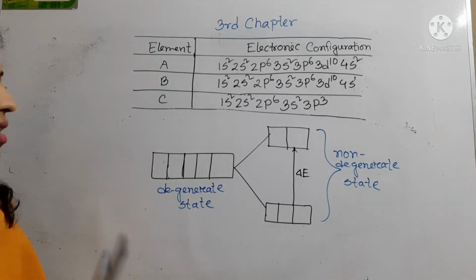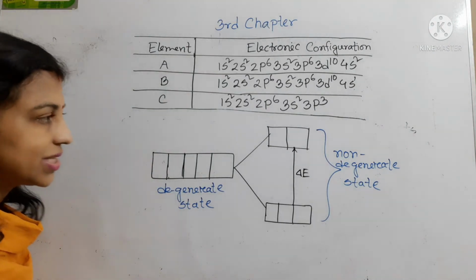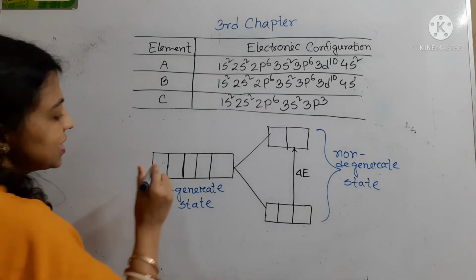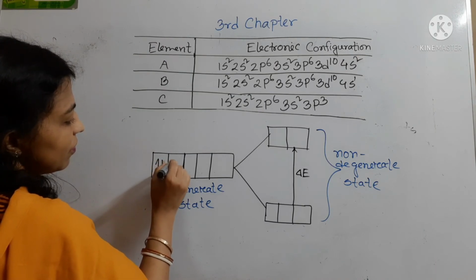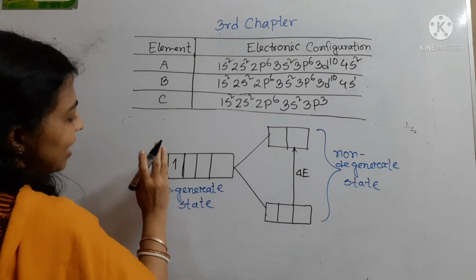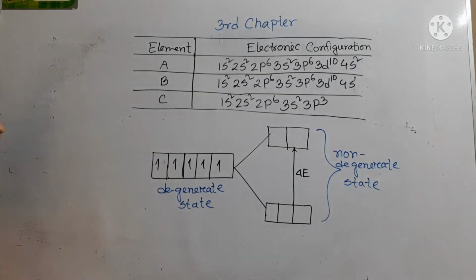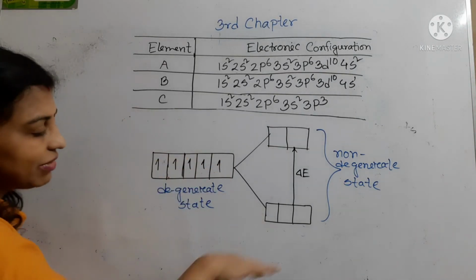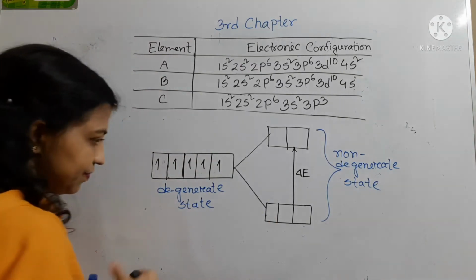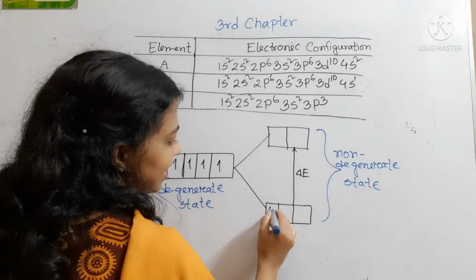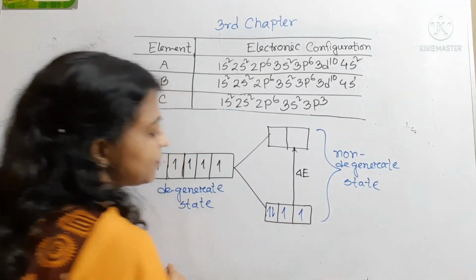Now, electrons first of all enter the lowest energy state. Suppose, students, there are 5 electrons present in the d orbital. When this d orbital is split up, then these 5 electrons enter the lowest energy state.